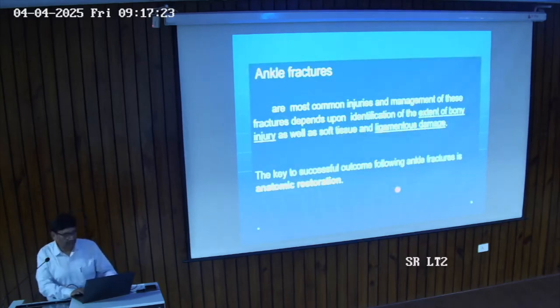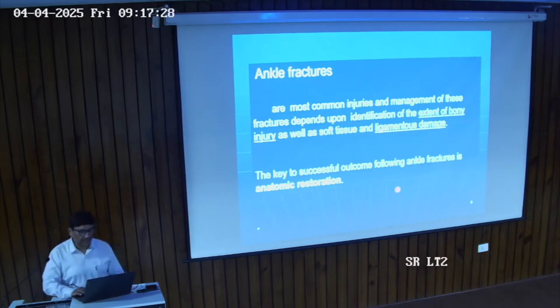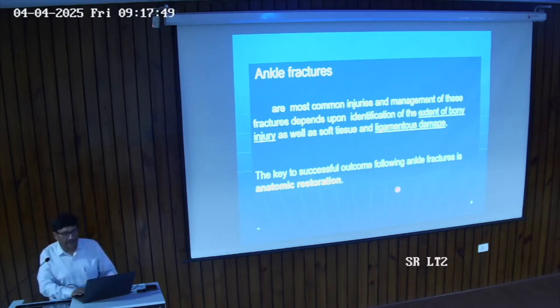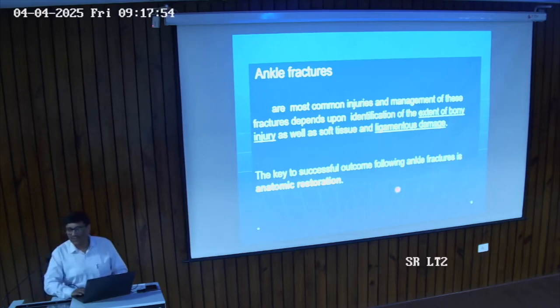So coming to the ankle fractures proper, these are the most common injuries, and management of these fractures would depend upon identification of the extent of the bony injury. Now this identification of the bony injury is not very obvious on the x-rays. You have to understand the fine anatomy of the bone, the distal tibia, fibula and the talus, and then think whether it is a minor fracture which is obvious on the x-ray, or it could be some very subtle fractures which may be revealed on CT scans, or whether it's a ligament avulsion.